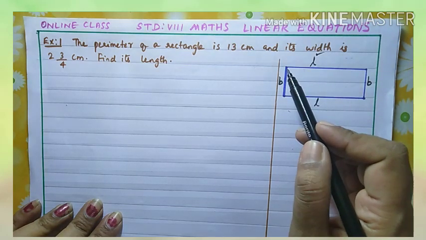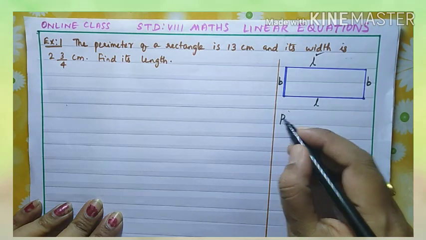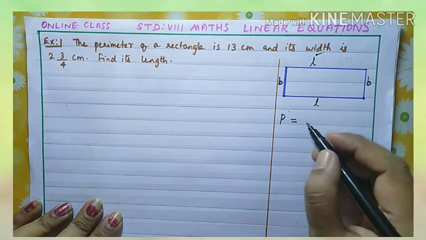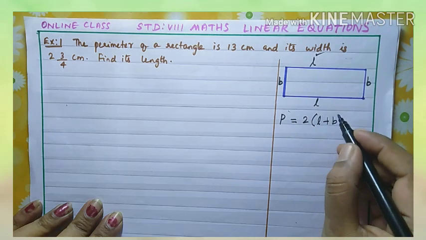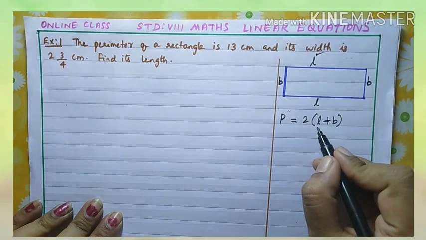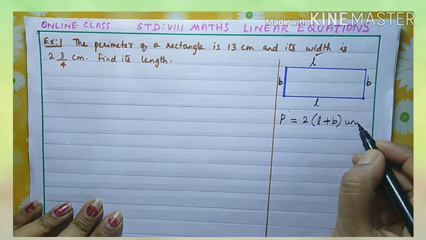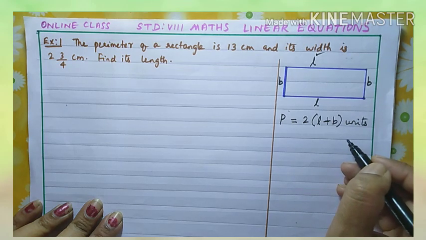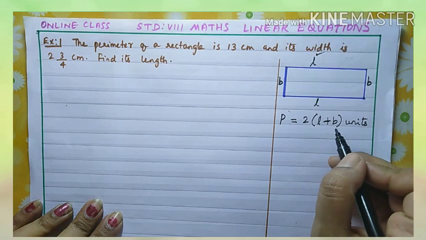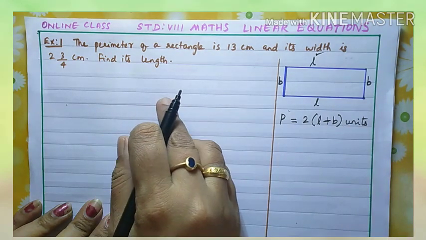And what is the perimeter formula of the rectangle you studied in earlier classes? Perimeter is equal to 2 times (L plus B), that is 2 into (L plus B) units. That is the perimeter of the rectangle. Using this formula only we are going to solve this question.